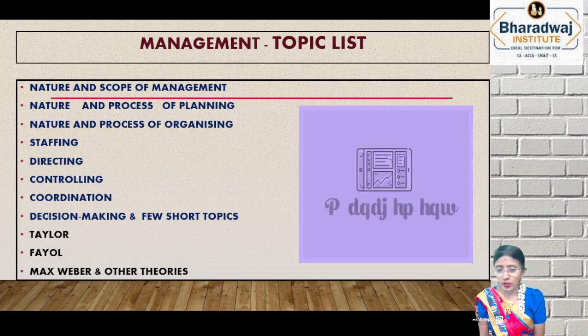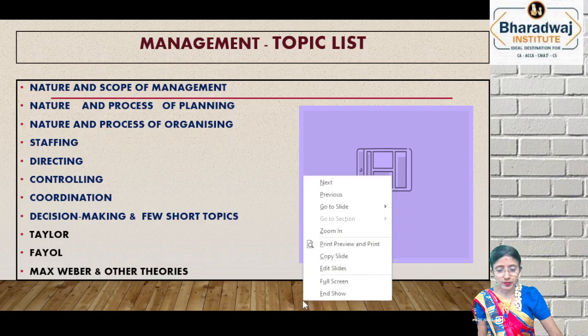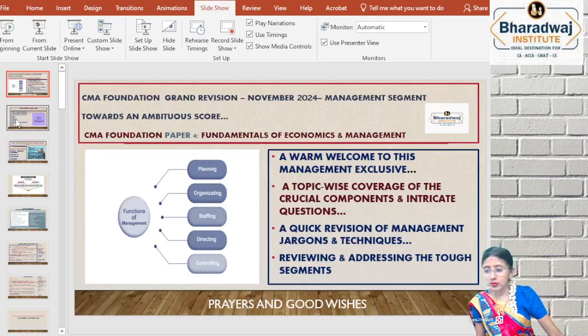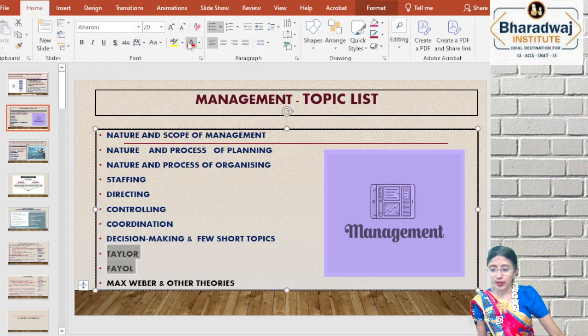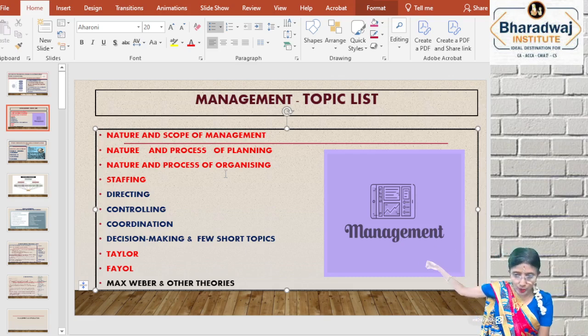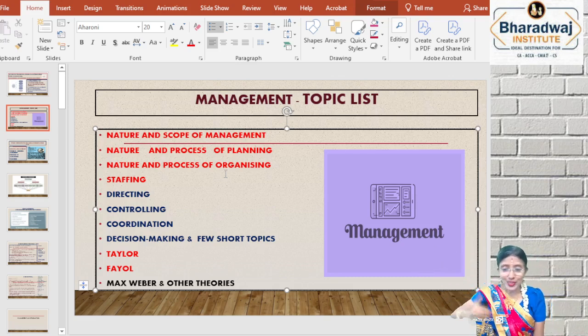Now, today, if you see our target coverage, it will be these, because Taylor and Fayol are seen as fundamentals. We would touch upon that to see how strong you are in that. At least we will target this much: generally the nature and scope of management and the elements of management.